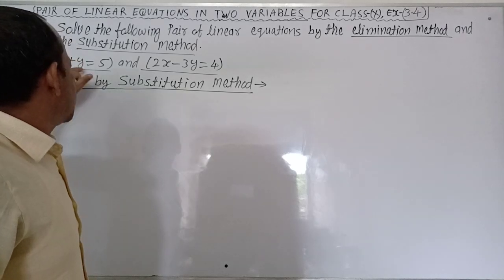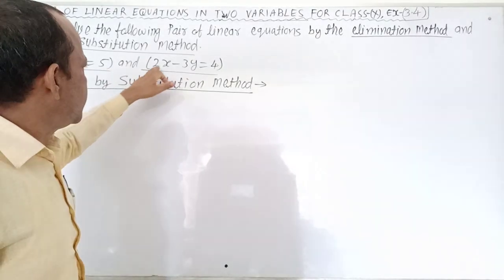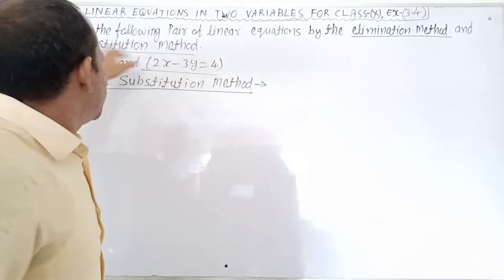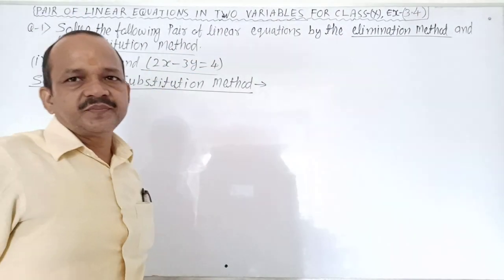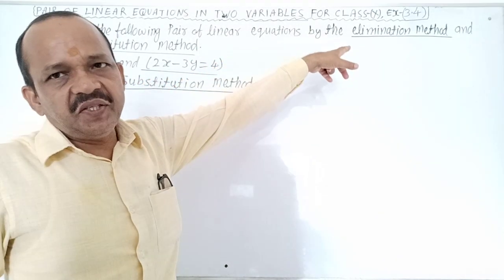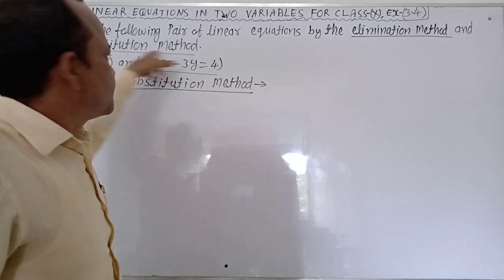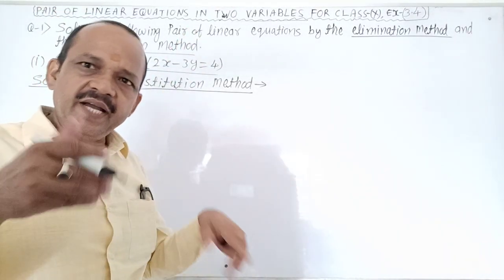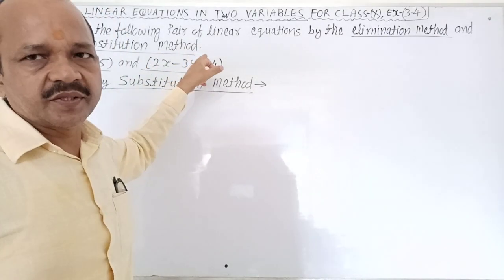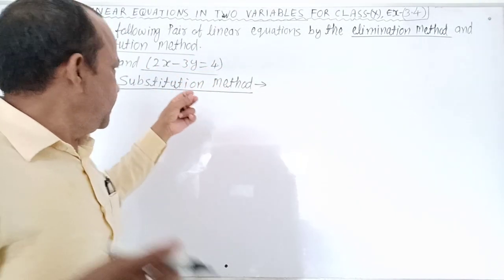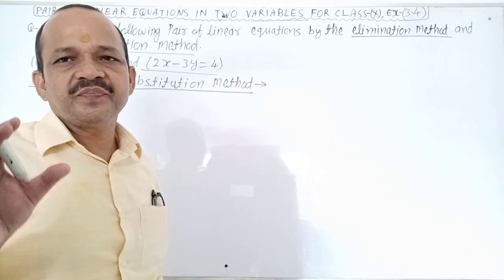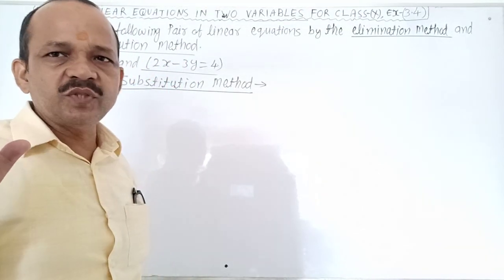Part first: x plus y equal to 5 and 2x minus 3y equal to 4. It is the given equation. You solve the given equations by the elimination method and by the substitution method. Firstly, I want to solve by the substitution method. Clear? And find the value of x and the value of y. It is clear, no confusion about it.